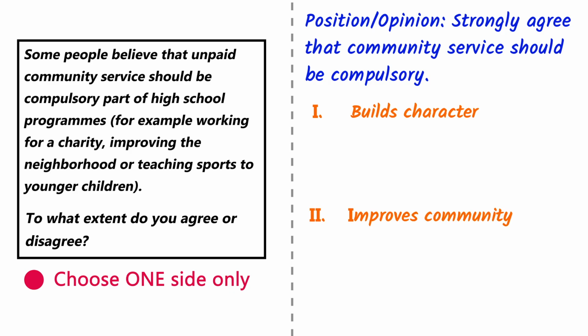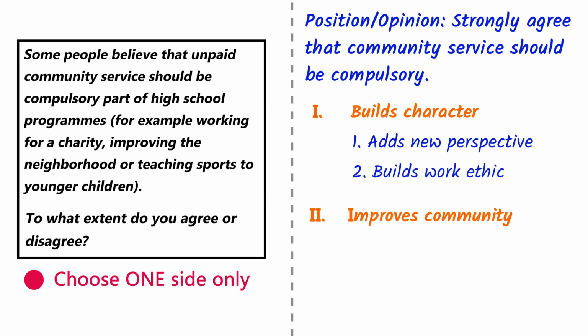Now, for each of them, we should provide our supporting details. So for builds character, our supporting details are adds new perspective, and it also builds work ethic. All right. Then after that, we should explain the details. And for improving community, these are my 2 supporting details.